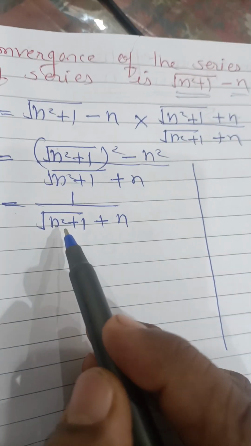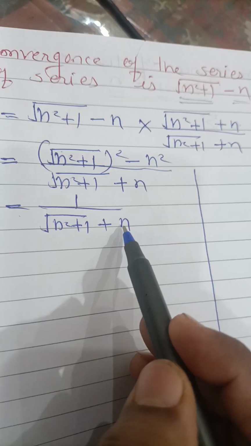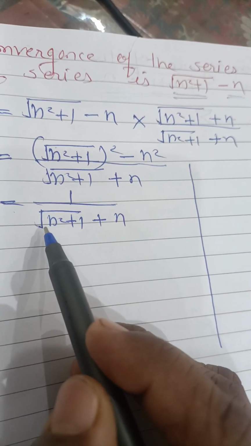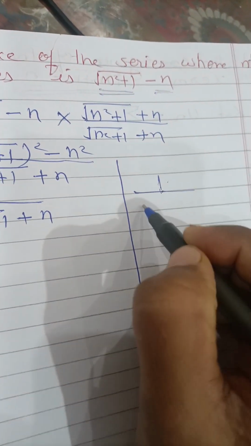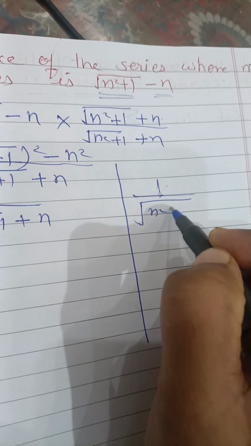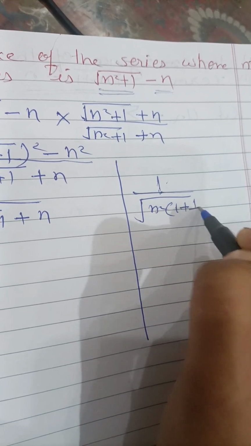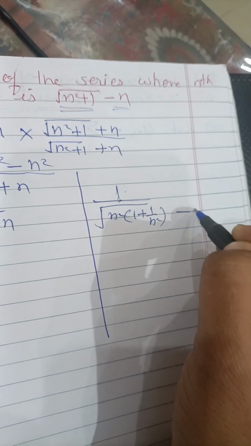So, if we observe, we can take n common from this and from this also. So, in denominator, we can take common n. How come? See, 1 upon root n square, if we take out, then here it remains 1 plus 1 upon n square, and this n as it is.